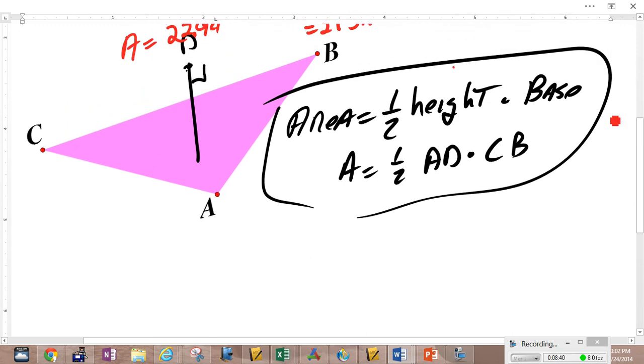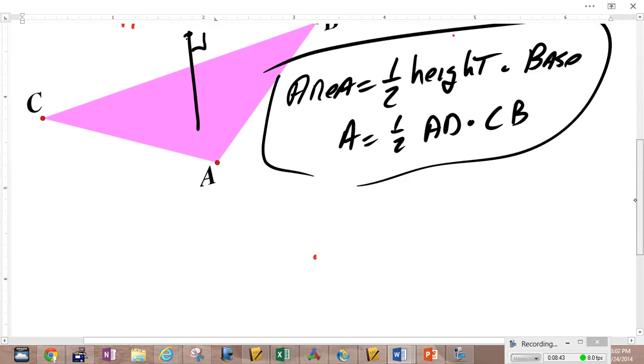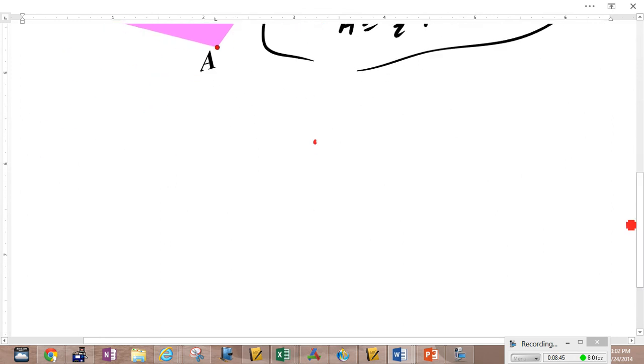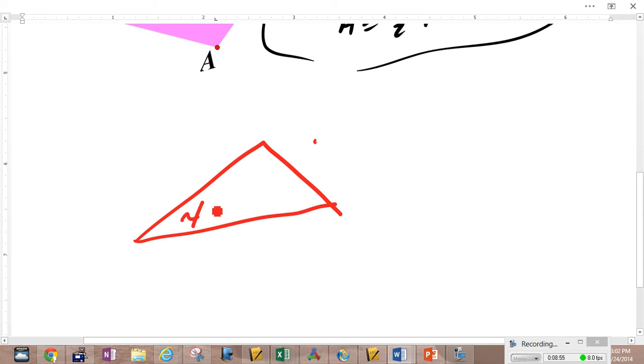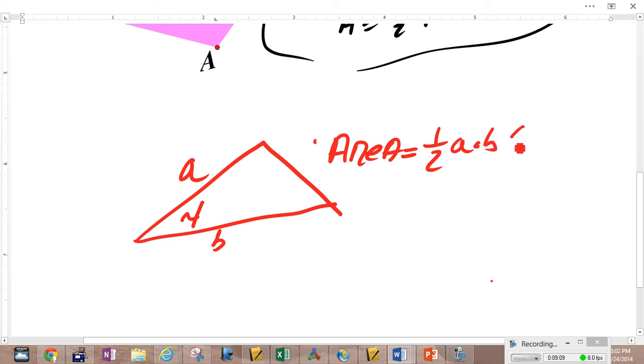All right, so I'm going to come down here, and we're going to look at a triangle, any triangle at all. And we're going to say, I have this angle, which I'm just going to call x. I have the two sides that make up that angle, A and B. So I can claim now that the area is equal to 1/2 A times B times the sine of the angle formed by those two sides.